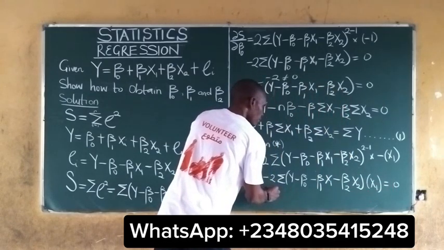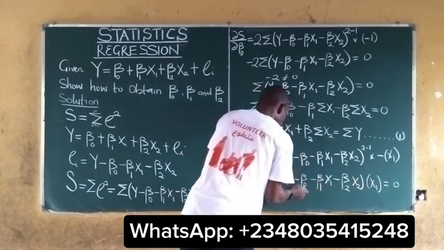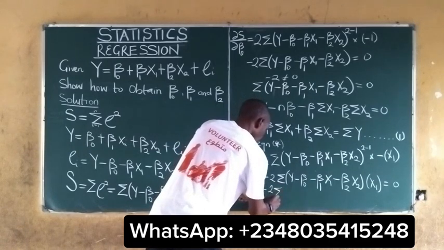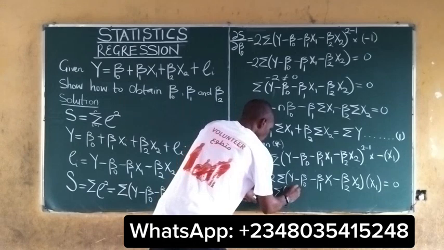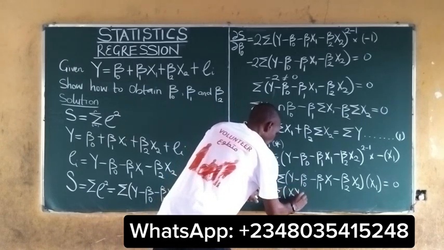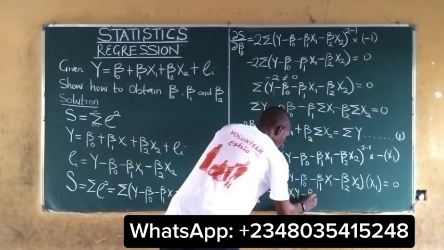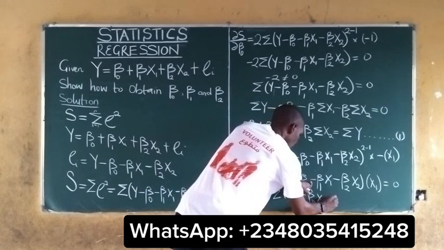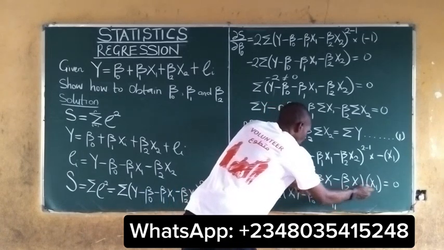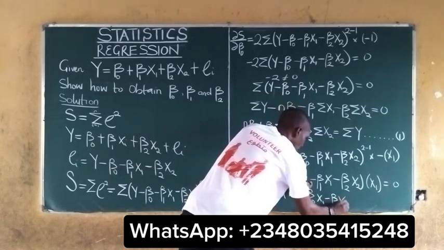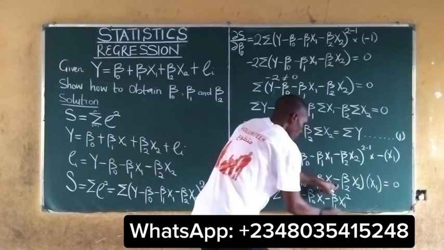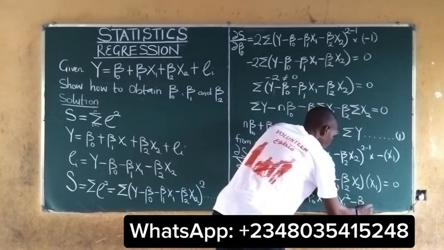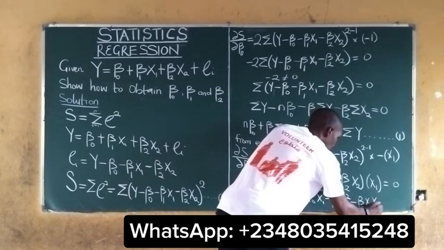We multiply this with this to give us the summation of X1 Y minus B0 X1 minus B1 X1 squared, since X1 multiplied by X1 is X1 squared, minus B2 X1 X2.